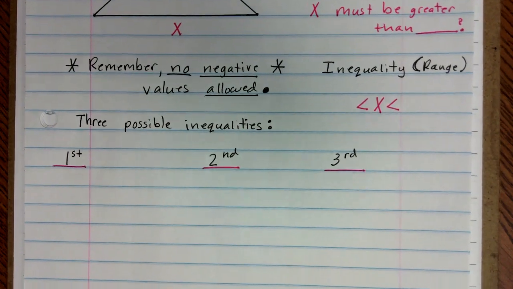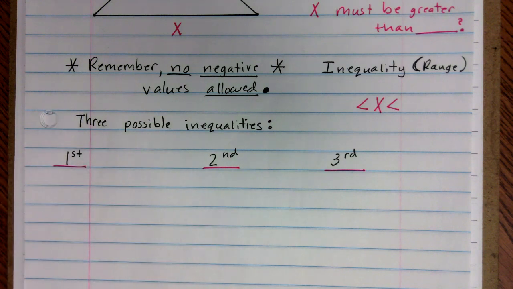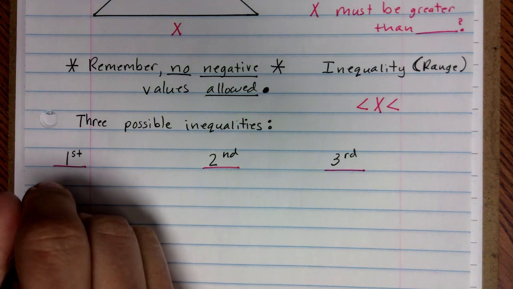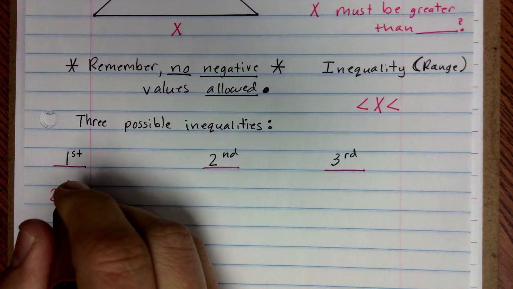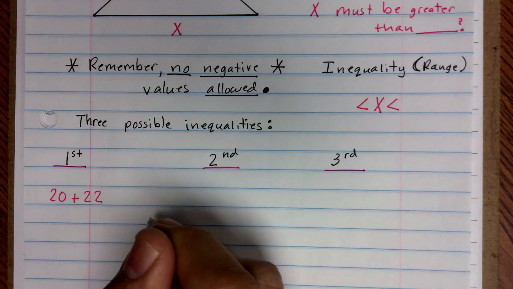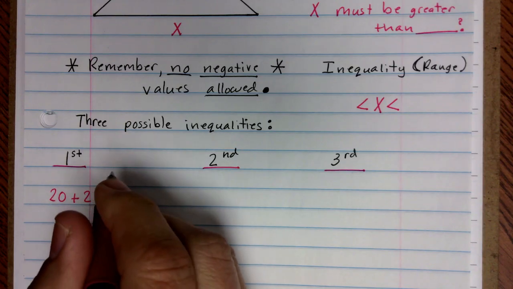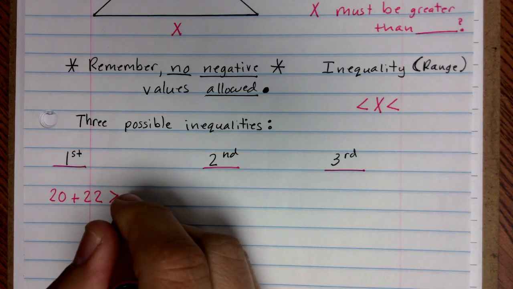So let me move this up just a little bit. Now I'm going to start writing what I know. So for this first one, I know that I have 20 on one side, so I'm going to put 20. And then I have 22 on the other side, so we'll put 22. And I know that those two sides together must be greater than x.